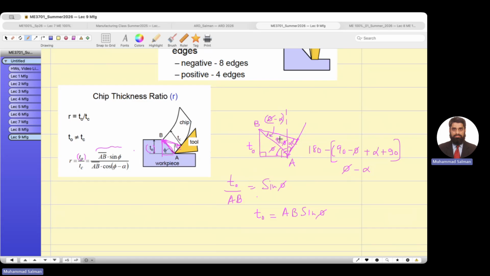That's what it is. So if this is the right angle triangle, this is the opposite over adjacent. AB remains the hypotenuse for the other triangle as well. This T0 TC is very blurry, so let me rewrite here, sorry about this. This side is TC, the cut chip thickness.